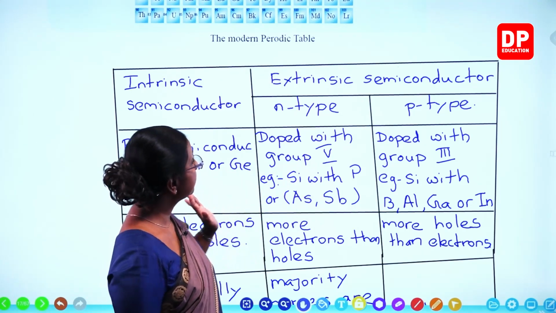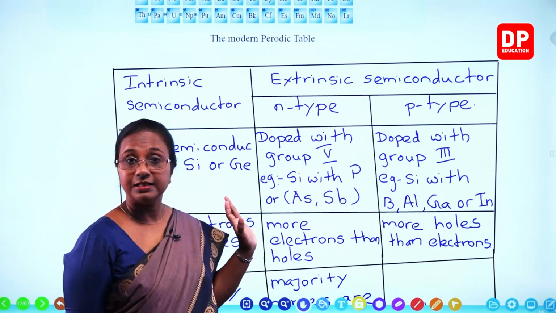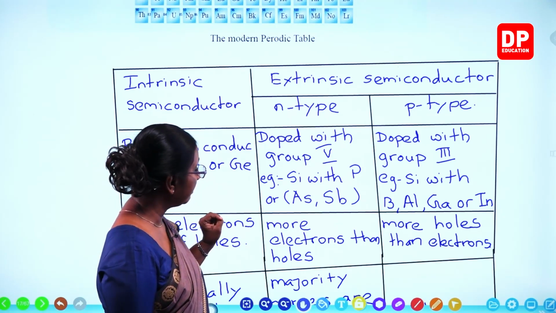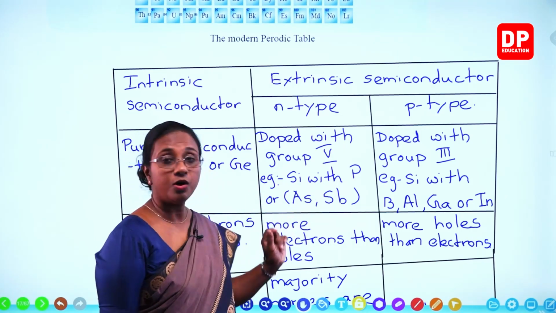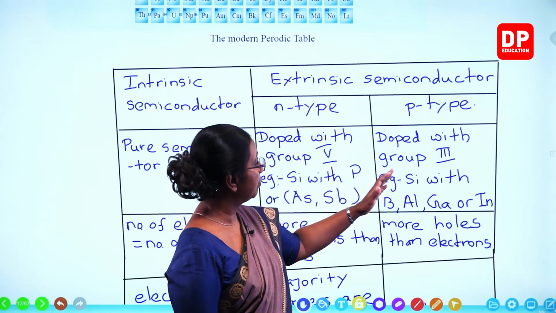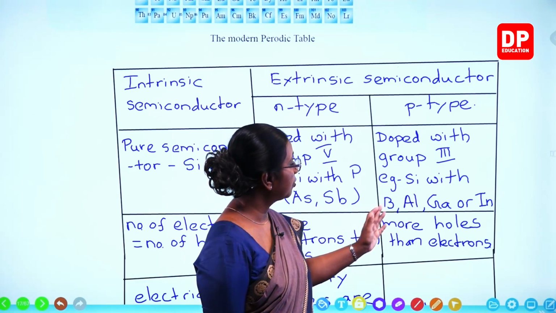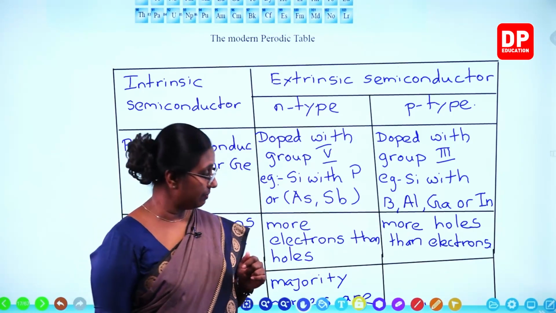But in an extrinsic semiconductor, we have to dope it with another element. So if it is N-type, we dope it with group 5. That is example, silicon with either phosphorus, arsenic or antimony. But if it is a P-type semiconductor, we dope with group 3. That is example, silicon with boron, aluminium, gallium or indium, any of the group 3 elements.